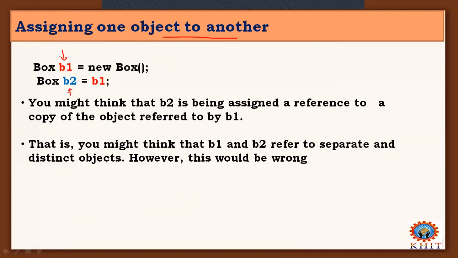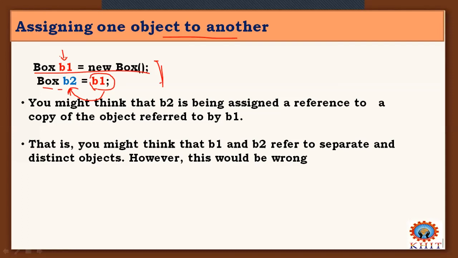So here the B1 box is created using the new operator, and whatever object we created using the new operator called B1, that is assigned to the B2 object or a reference variable of the particular box class. So this is the concept called assigning one object to another.